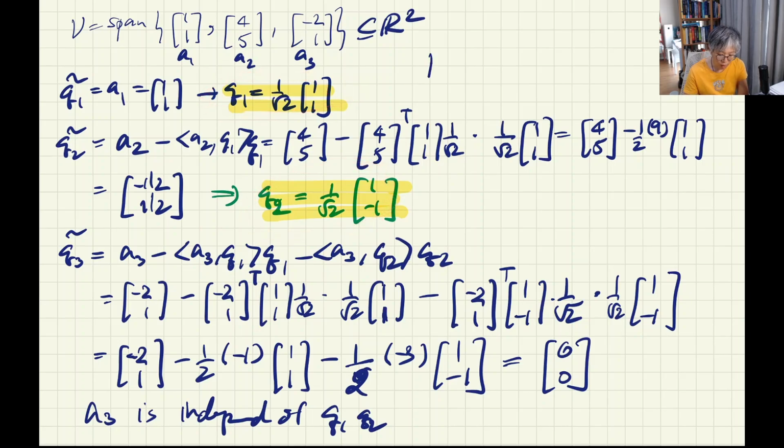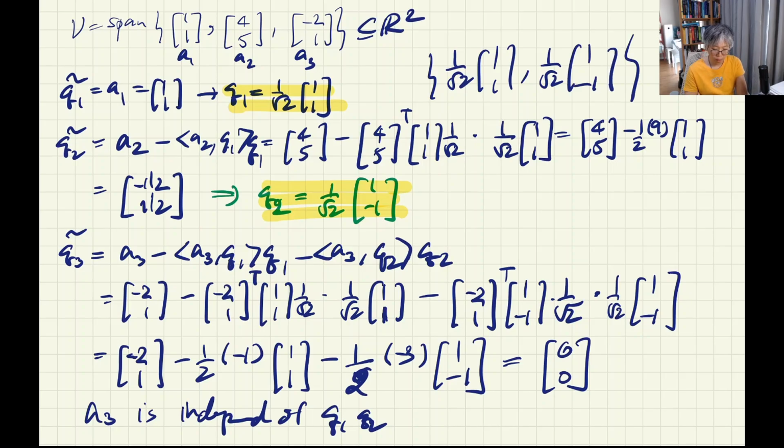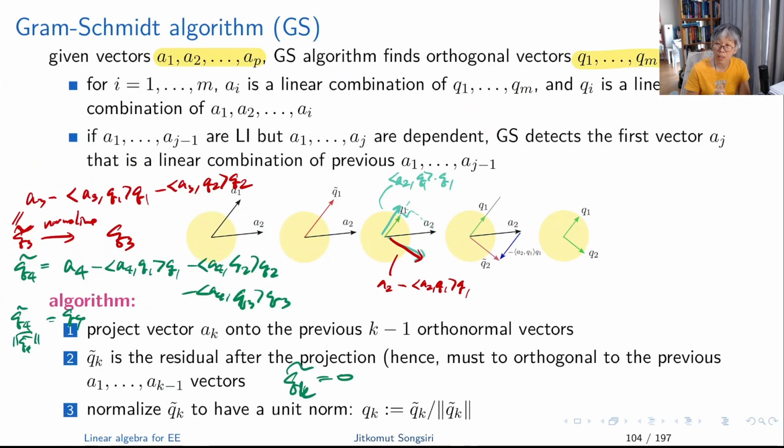So when we find this, the new basis is going to be 1 over square root 2 times (1, 1) and 1 over square root 2 times (1, -1). The Gram-Schmidt algorithm is already implemented in software as well, but the basic principle is what we described in this video.